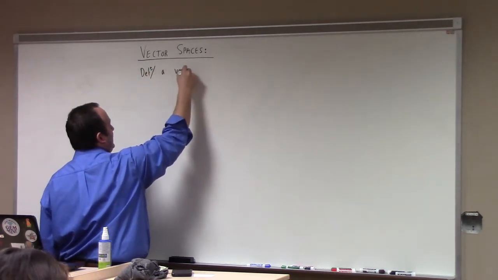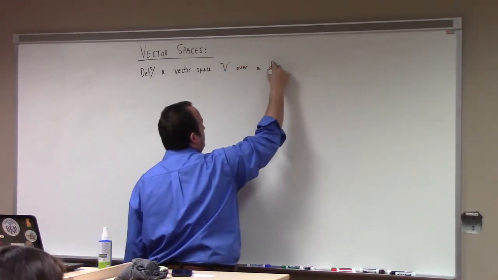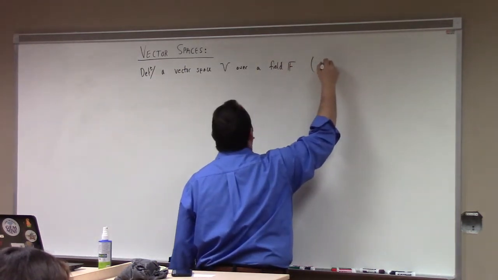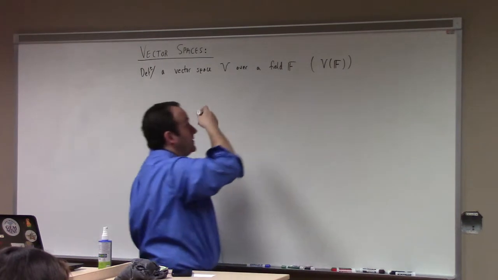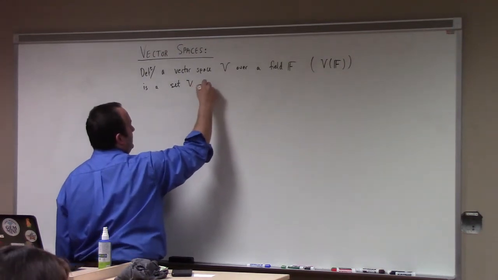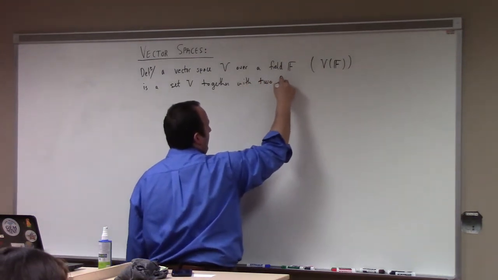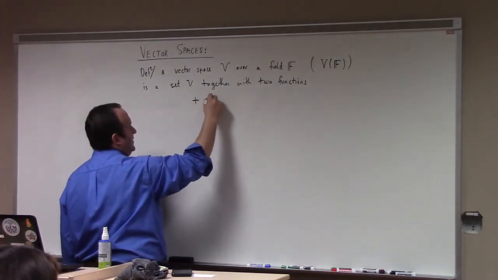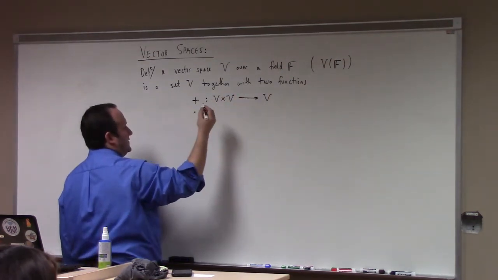A vector space V over a field F, the notation for this would be, say, V of F sometimes is used to denote this, is a set V together with two functions, and those functions are plus, which is a mapping from V cross V back to V again, and also scalar multiplication, which I use a dot for.